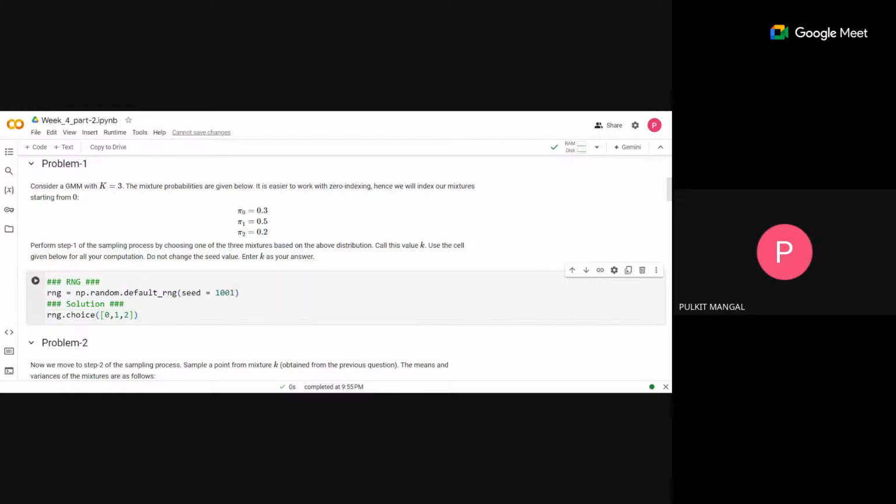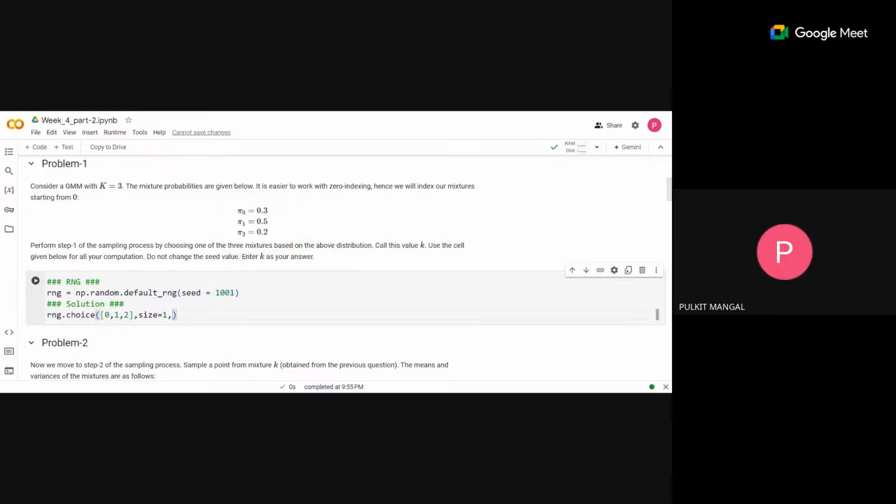The next is the size parameter, because you only want to select 1 point. We have chosen the array and the size. Now what is left? Probabilities.